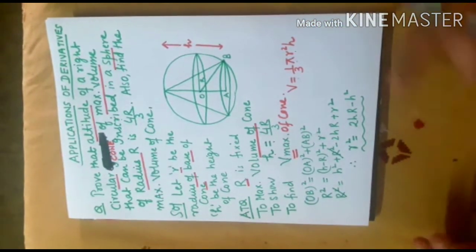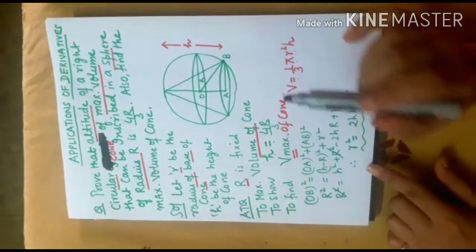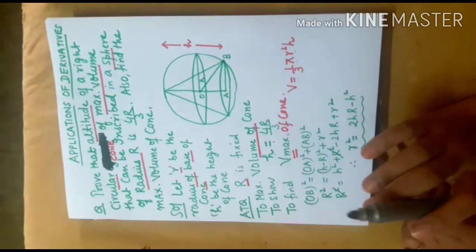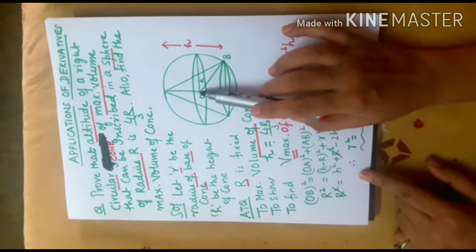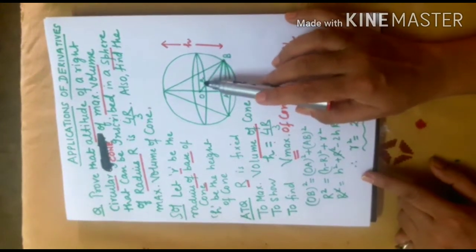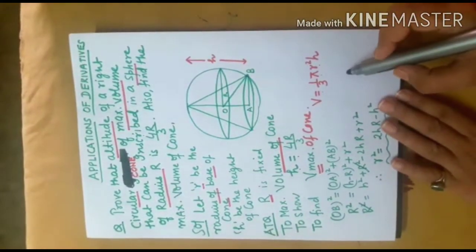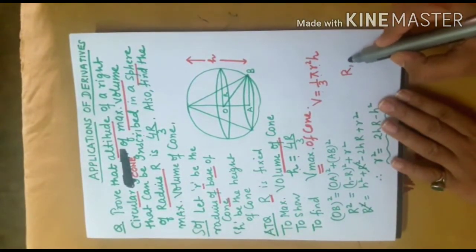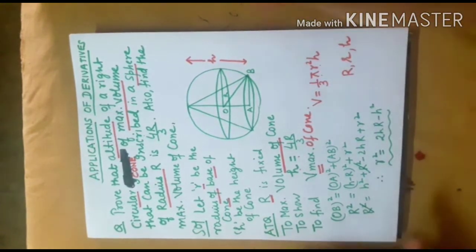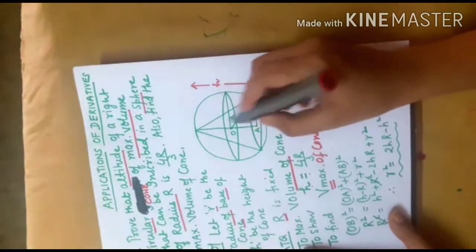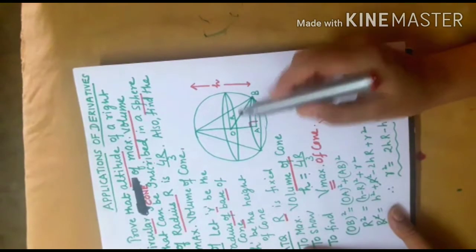And you know that when we do this, we make use of the given fact or the quantity which is constant. Here, the fixed quantity is the radius of the sphere, that is capital R. So I have to find a relation between capital R, small r and small h. Now look here. As this is a right circular cone, so this will be 90 degrees.